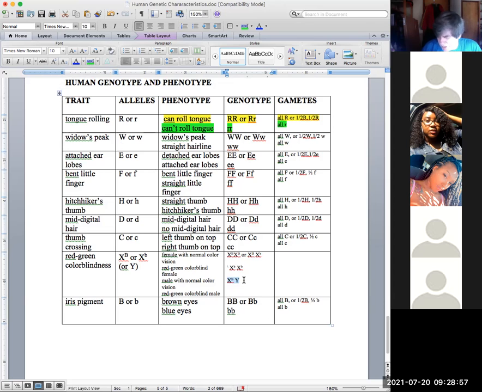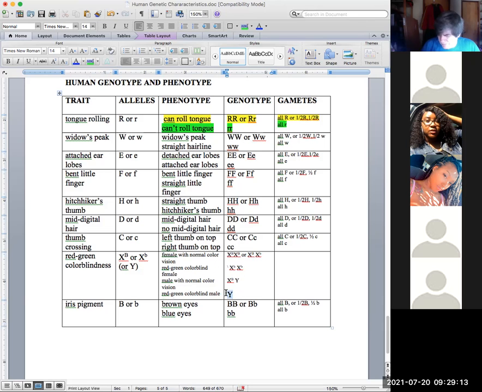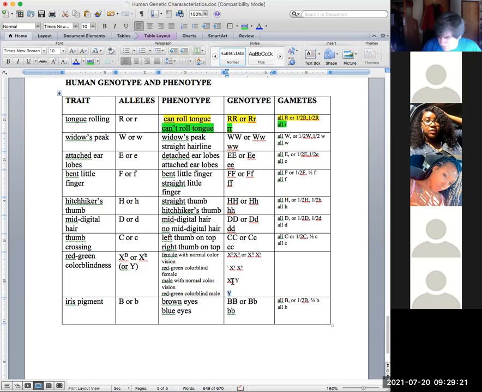The reason we know it is because a male only has one X chromosome, so whatever is on his X shows up. Unlike with a female, it's not going to be hidden. Now, if we have a male and he's colorblind, he's X^b Y.